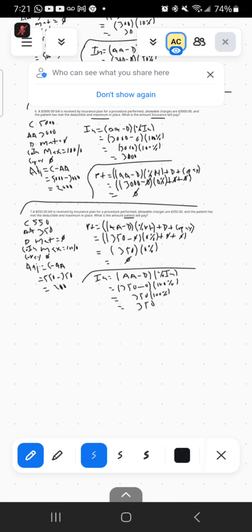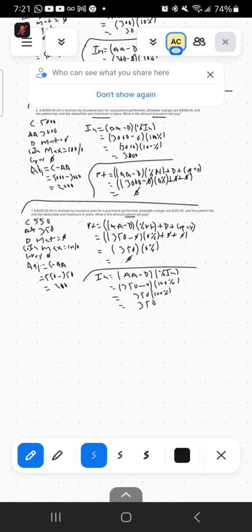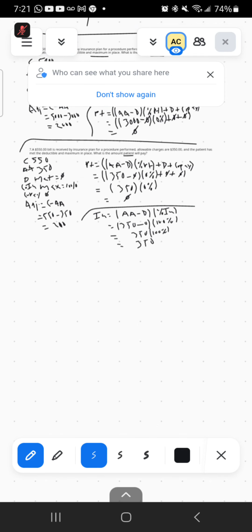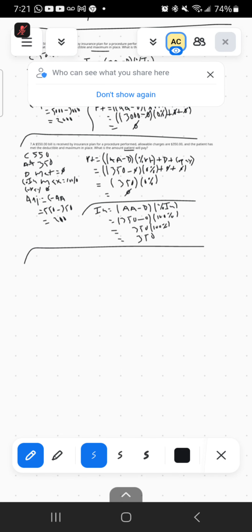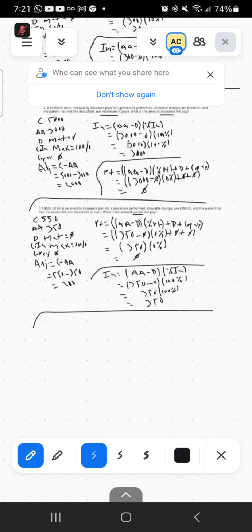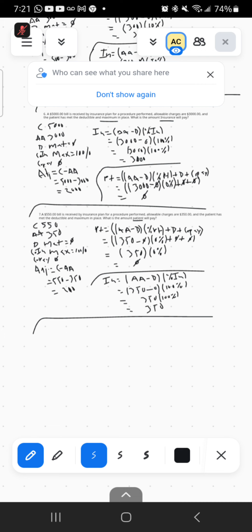Okay, good question. I'm sorry, Professor. I just want to make sure I'm understanding. In real life, there are insurances that will say we're going to cover, let's say 80-20, up to a certain point, but once the patient has already paid this amount, then the insurance takes over at 100%?